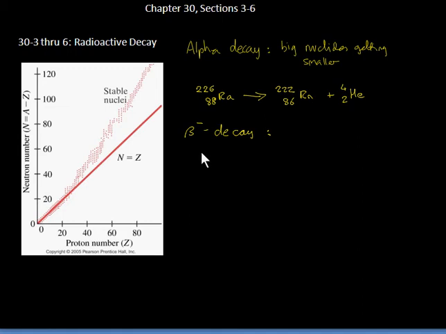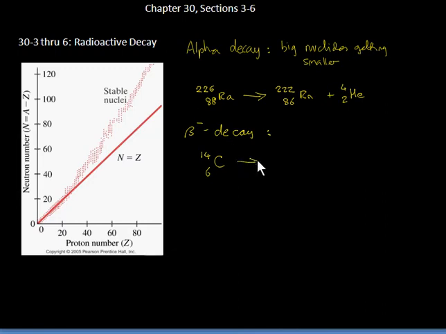Example that's given: carbon-14. Remember, for light elements, the number of neutrons and the number of protons tend to be equal for stable nuclides, whereas with this isotope of carbon there are 8 neutrons and only 6 protons.